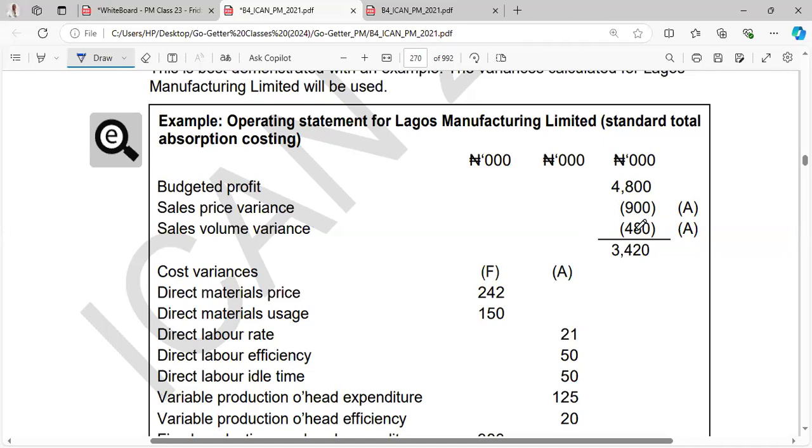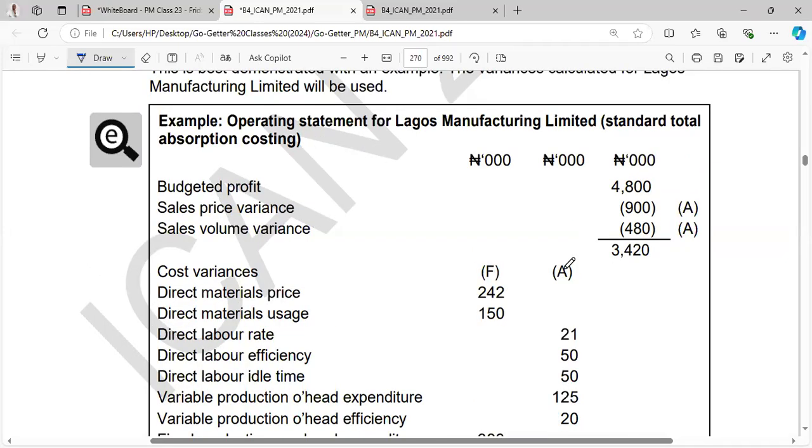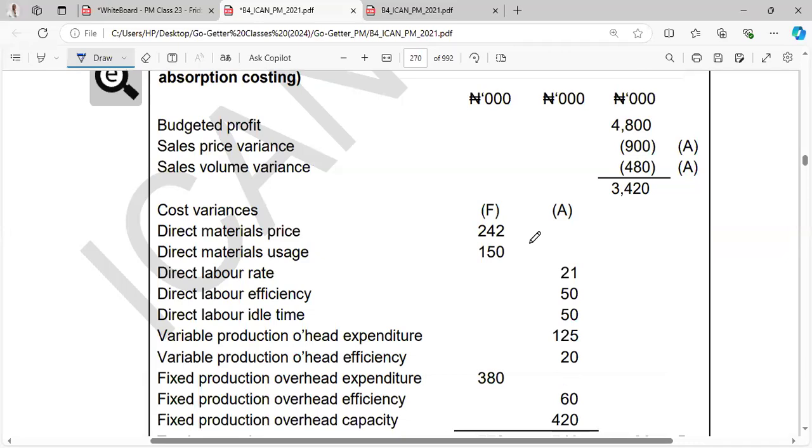So when you subtract these two and you get this, then you bring down all your cost variances. You separate them, all your favorable variances on one side, all your adverse variances on the other side. Some people can decide to put all of them together. If that's the case, the ones that are favorable, put them straightforward. The ones that are adverse, put them in brackets. But it's good to put all your favorable on one side, adverse the other side.